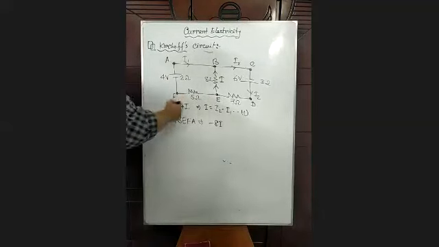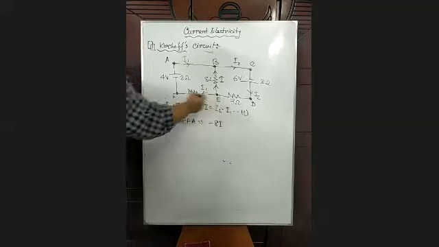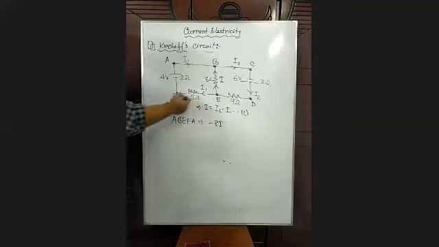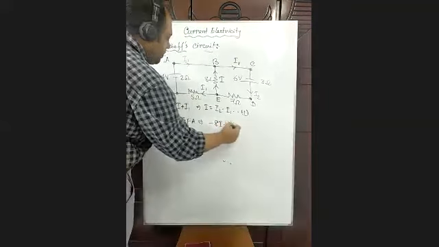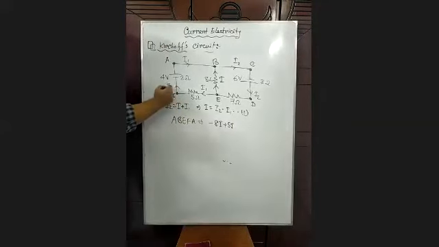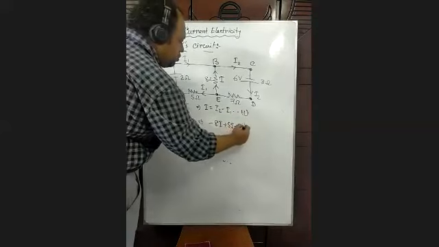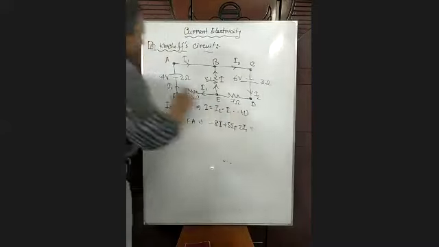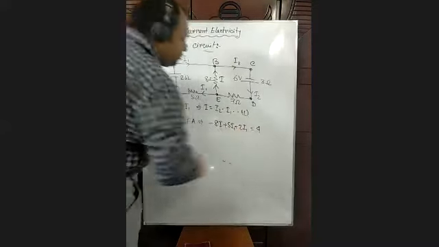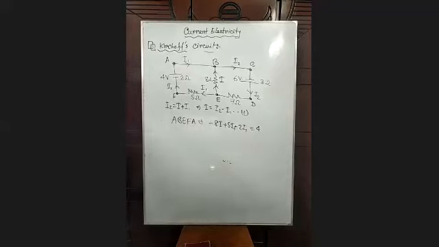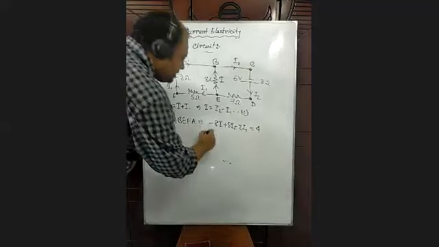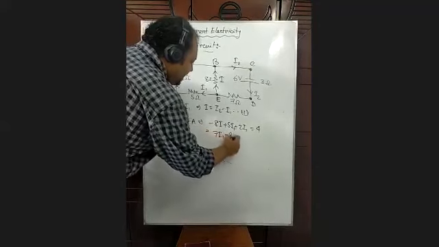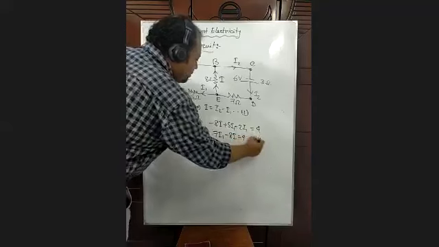Again E to F: current I1 goes from E to F, so it's 5I1, and I1 also goes through the 2 ohm resistance, so 2I1. Finally we have a voltage of 4. So according to this path, 7I1 minus 8I is equal to 4. This is equation number 2.